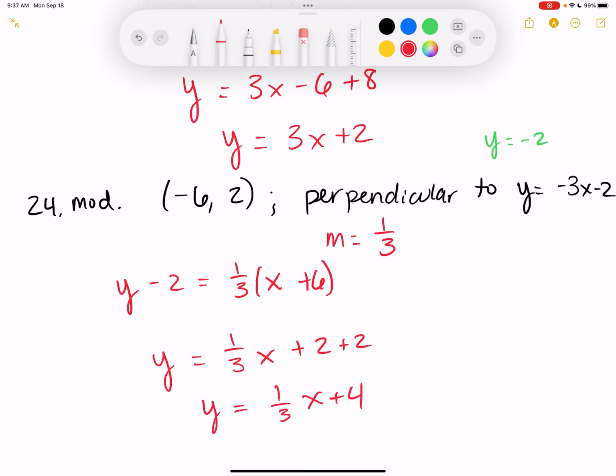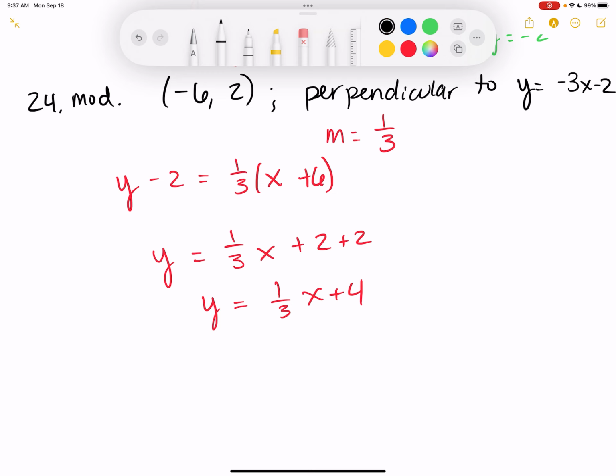All right, and then the last ones, they give you 2 points, so you have to find the slope, then use point slope form to get your equation. So we did a lot of stuff like that the other day, other than writing the line. So I'm just going to do one of those. 36, the point (15, 20), and the point (-12, 29).